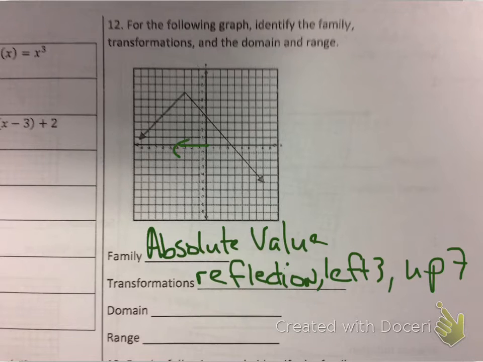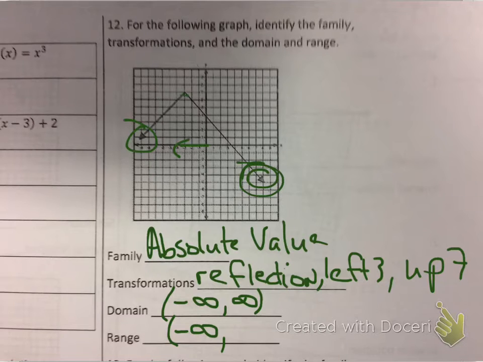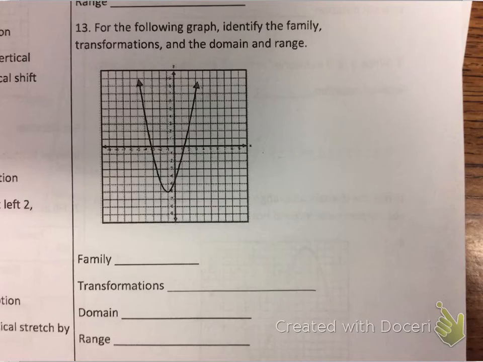The domain, because you see arrows on the ends, is negative infinity to infinity. I don't care which method you use to show it. The range: it's going down, so that's negative infinity. The high maxes out right here at 7, and that's a bracket. So it's not too hard. Again, left, right, low, high, keep that in mind.